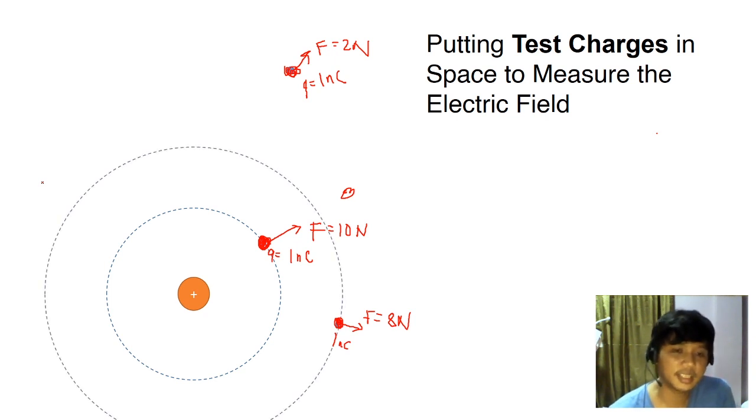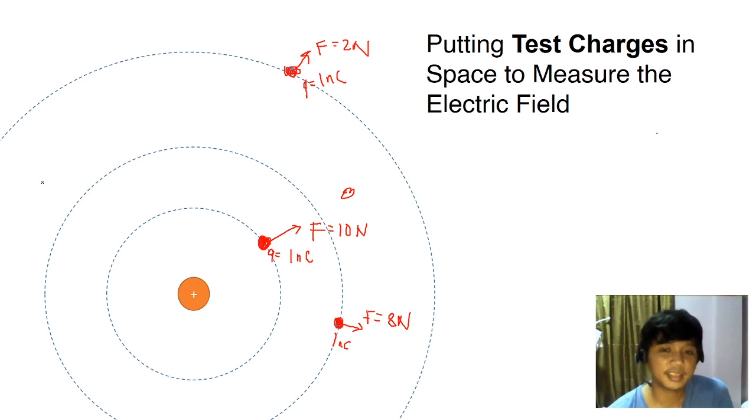Same is true here. Wherever you put that 1 nanocoulomb charge around the circumference of that bigger circle, you will always get 8 newtons. And it's smaller because it's farther apart. The force is smaller because it's farther away from the source. And the same is true for the farthest point.